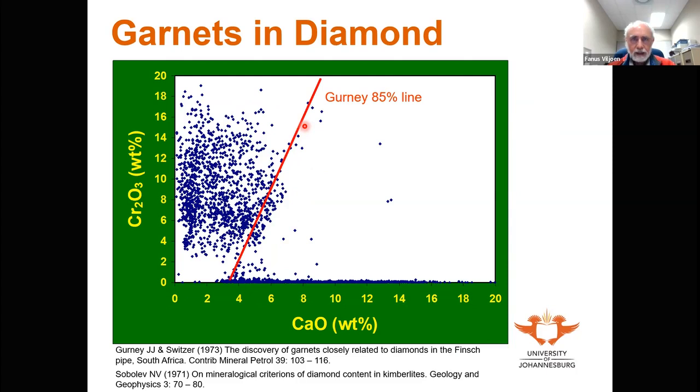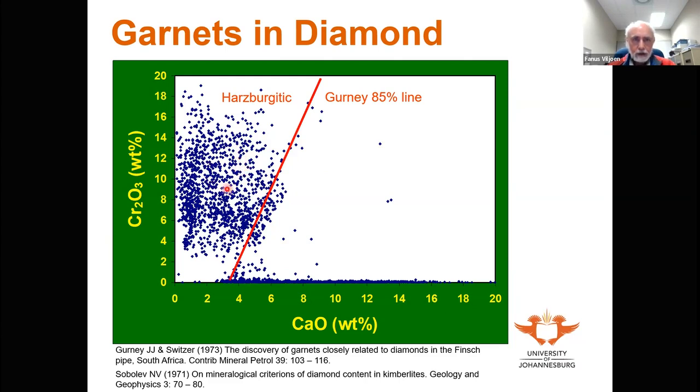So on the order of 85% of peridotitic garnets occurring as inclusions in diamonds plot in this field over here, which is known as the harzburgite field. This forms the basis of much of the world's diamond exploration.